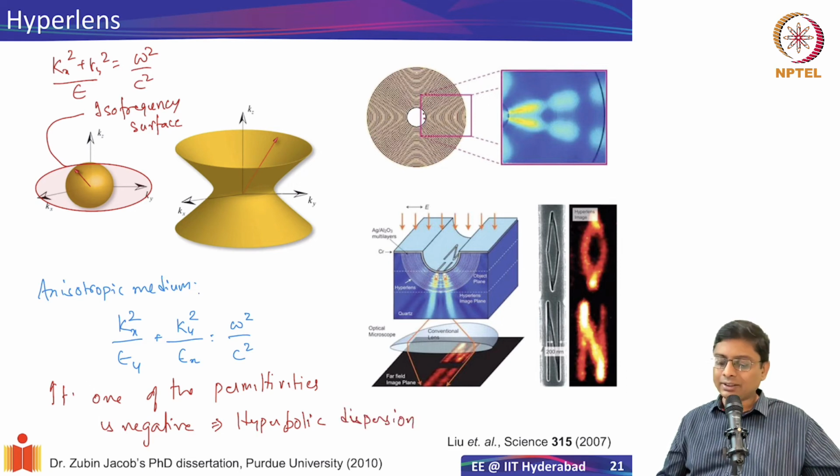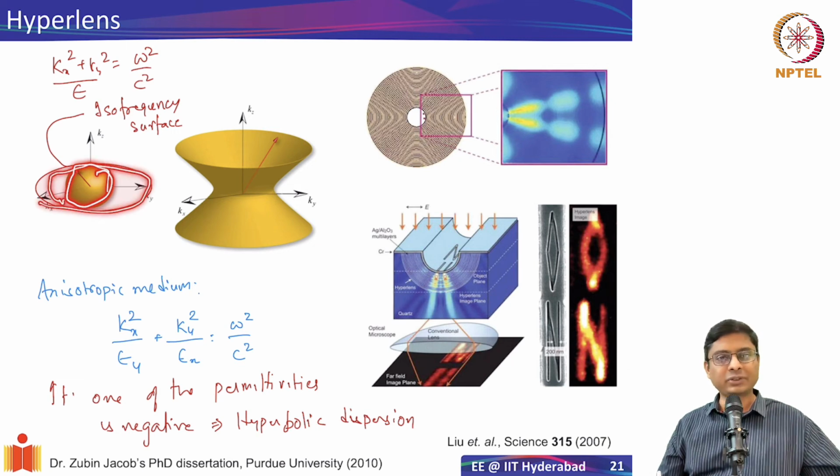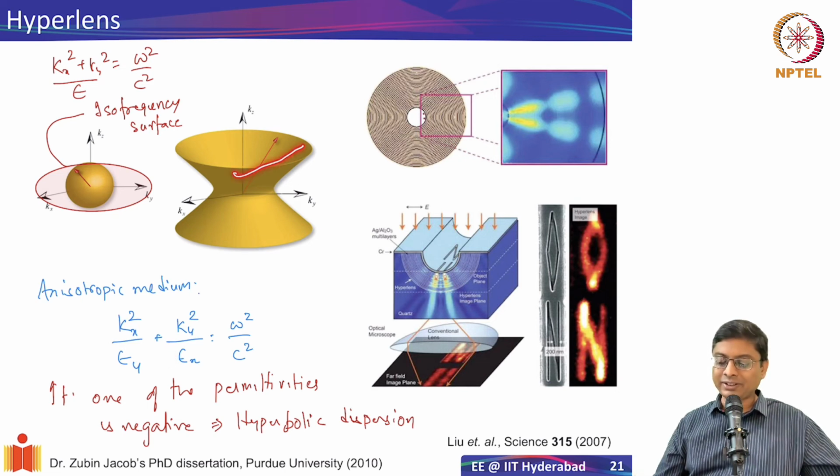What it means is that in the case of a regular or isotropic medium, the isofrequency surface is bounded. That means all the k vectors that fall within it can propagate. Whatever is outside cannot propagate. So we have the diffraction limit. But the moment one of these becomes negative, the isofrequency surface is a hyperbola, and this keeps extending up to infinity.